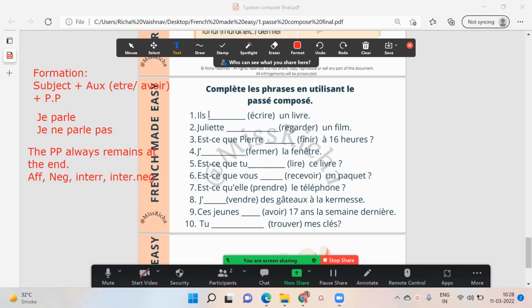Ils. Okay, for now I'm reading it as ils, but it's not read as ils. Ils ont écrit. No, écrit will not have e. No, it will not have any e. Okay, I don't think I will be able to minimize the font of this right now. Yeah, and this E will have the accent, all right? E grave.